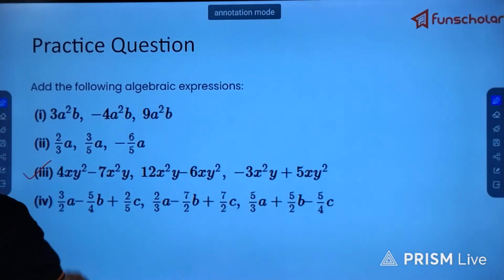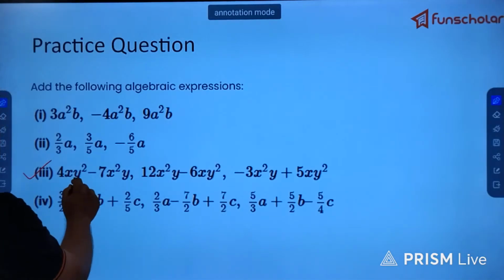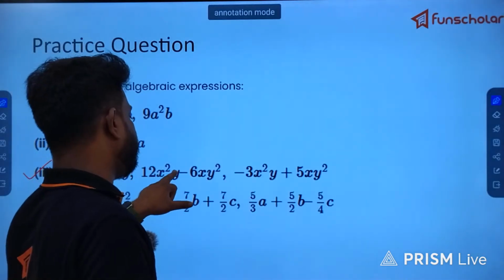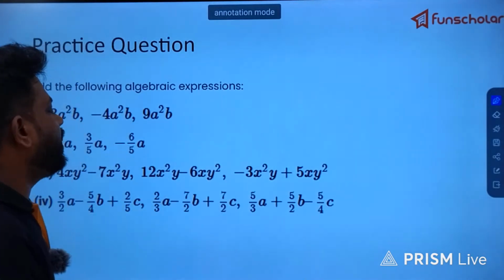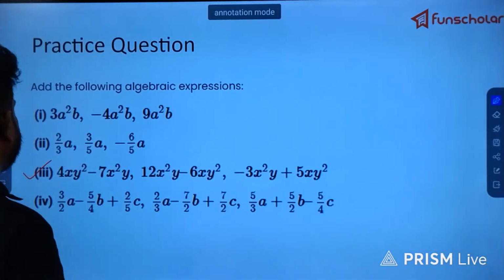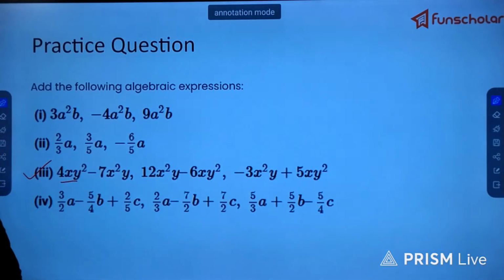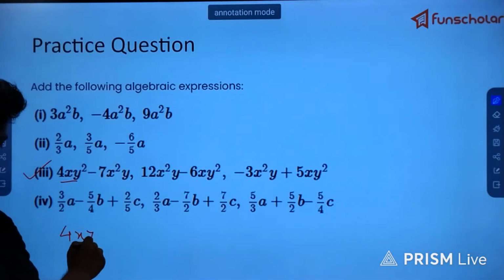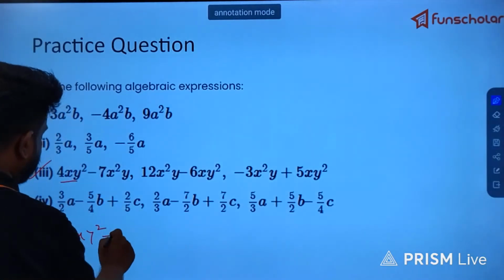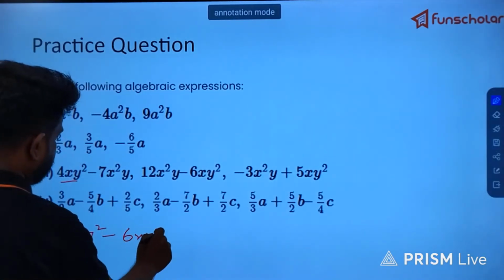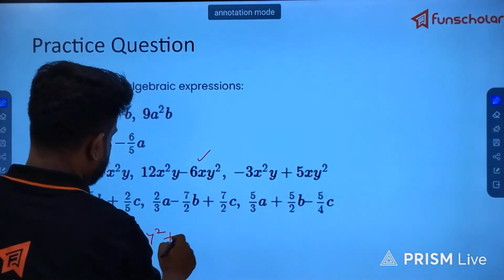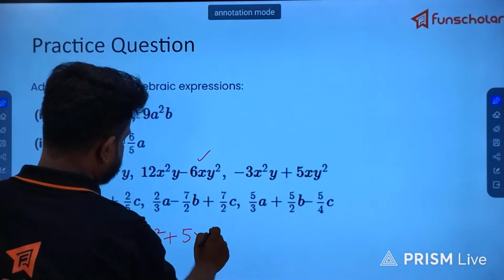So now do number 3, that is 4xy square minus 7x square y, comma 12x square y minus 6xy square, minus 3x square y plus 5xy square. So just check it out and write it again. 4xy square, and again we have minus 6xy square, and we have plus 5xy square.